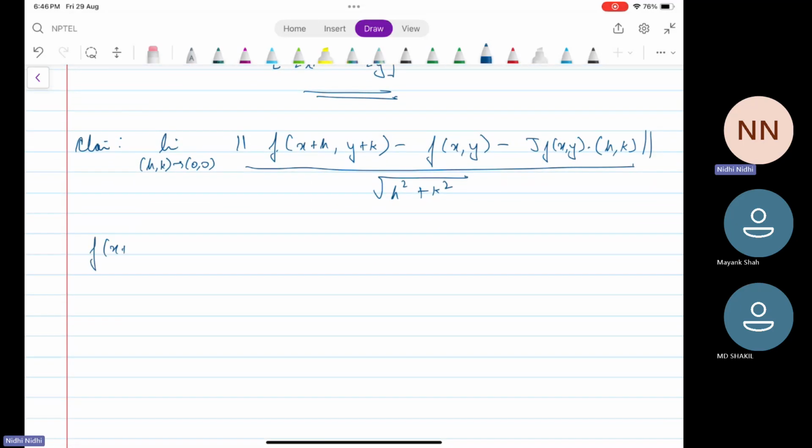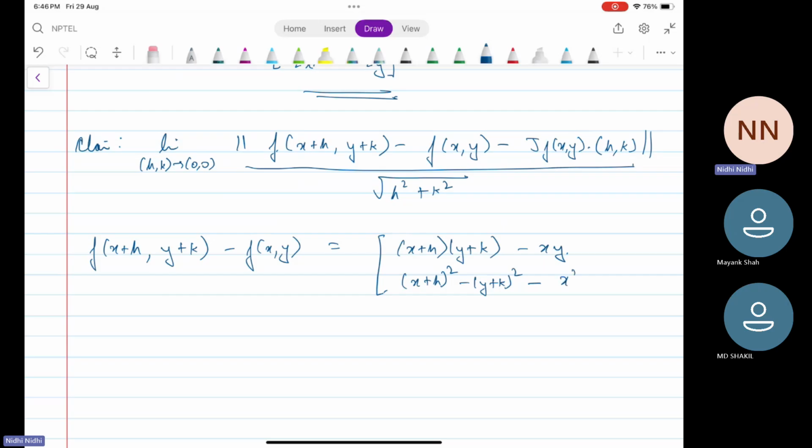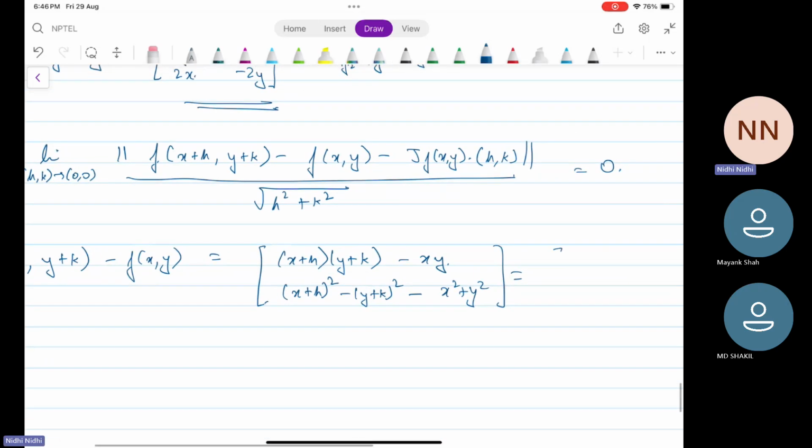f(x+h, y+k) minus f(x,y), I'll write in the form of a vector. So this is (x+h)(y+k) minus xy, and then we have (x+h) square minus (y+k) square minus x square plus y square.